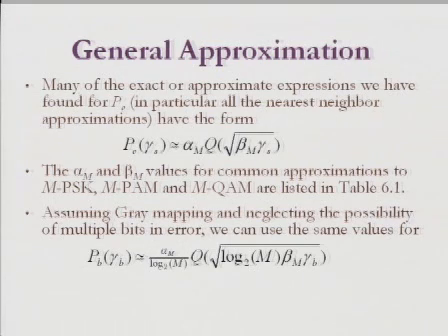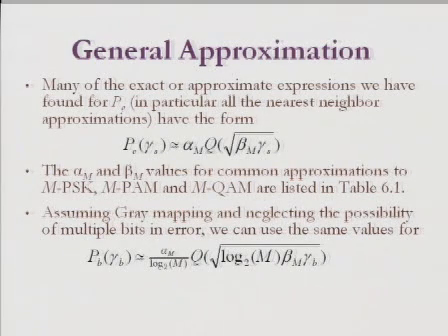Okay, so by now, you have probably noticed a certain pattern in all these formulas. All of these exact or approximate expressions that we have found for PE have the form of something times some Q function of something else. If we go back and look at each of them, they all have this form.